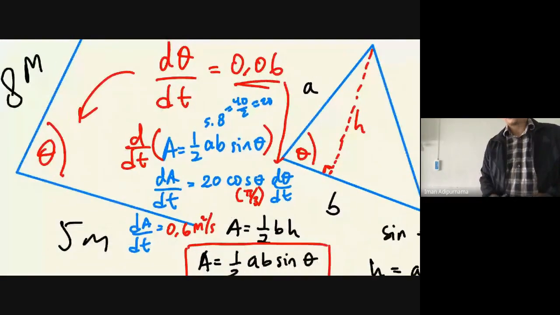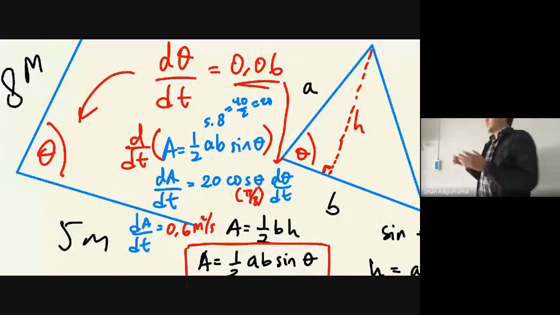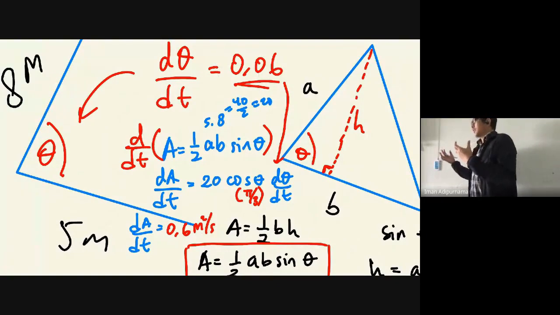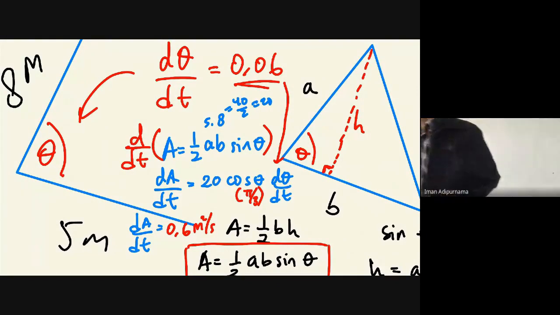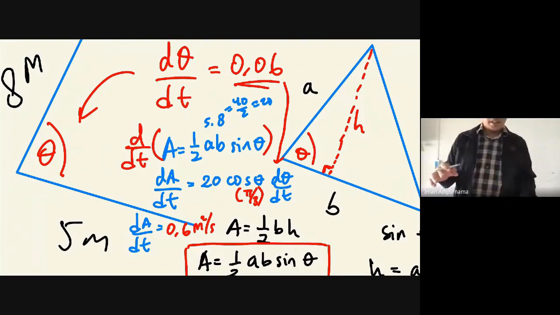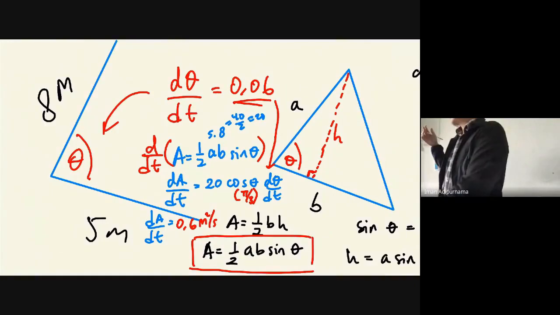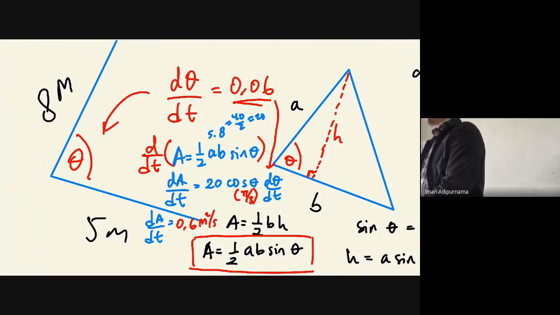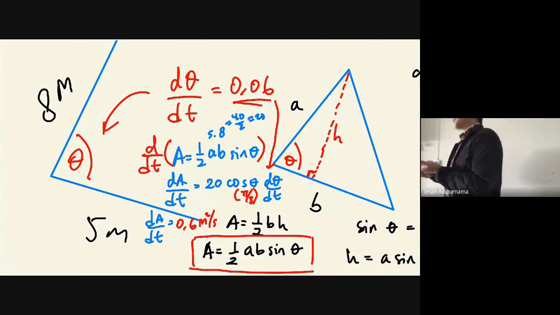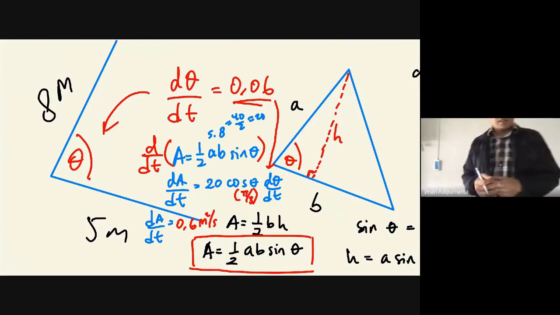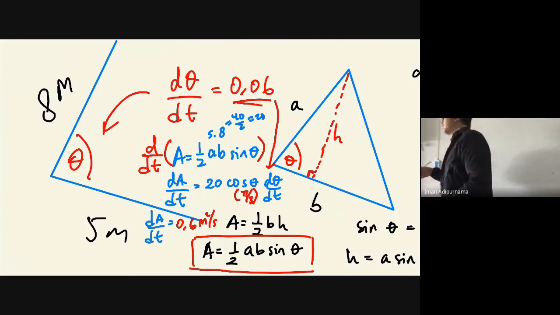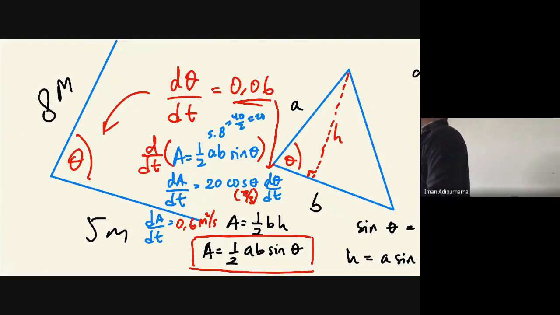It's still a simple related rates problem. You have the cases, you have the event, and then you need to connect all the objects with some related rates formula. It can be Pythagorean, area of triangle, circle, geometry, and usually the formula will not be too complicated.